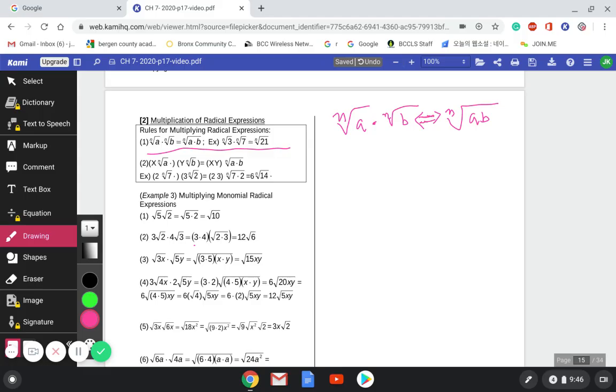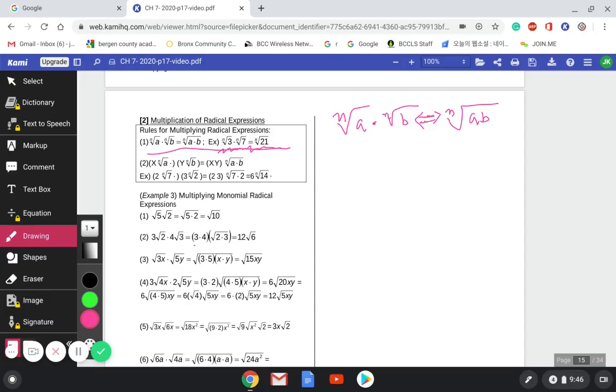So for example, if you have an nth root of radical 3 times nth root of radical 7, it ends up with nth root of radical 21. I shouldn't say square root anymore because you have an nth root now. So I should say just radicals. So nth root of radical 3 times nth root of radical 7 becomes nth root of 21.